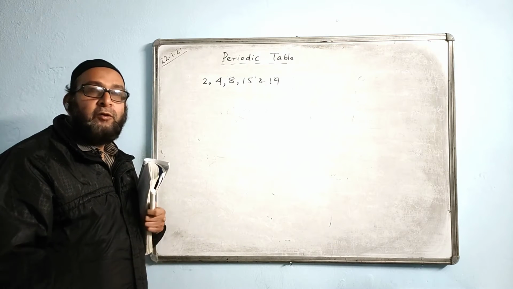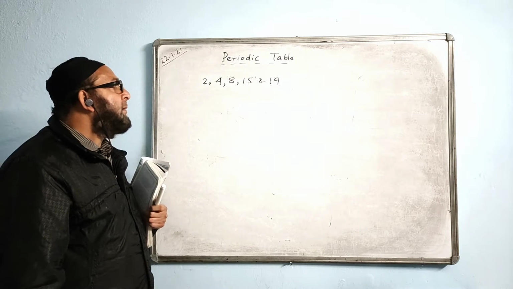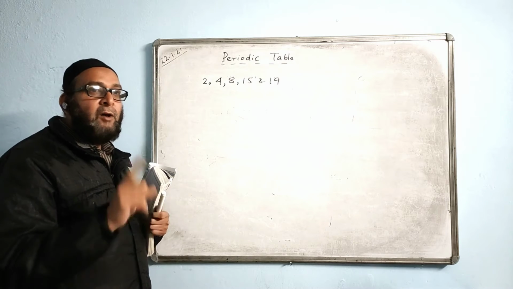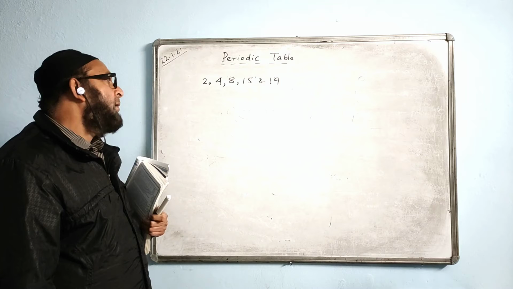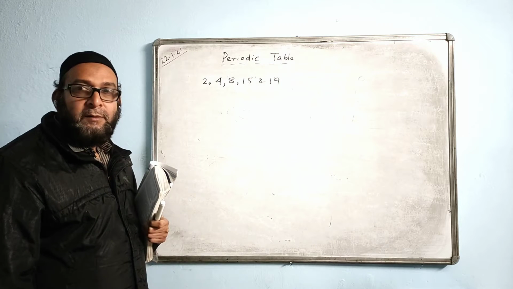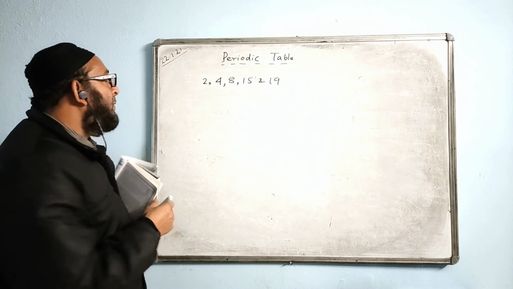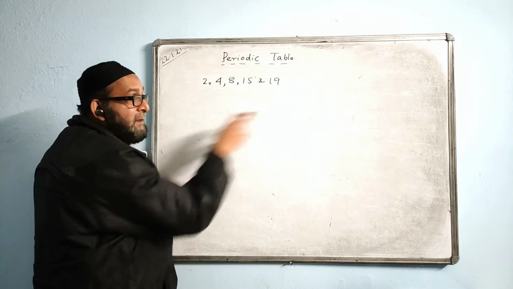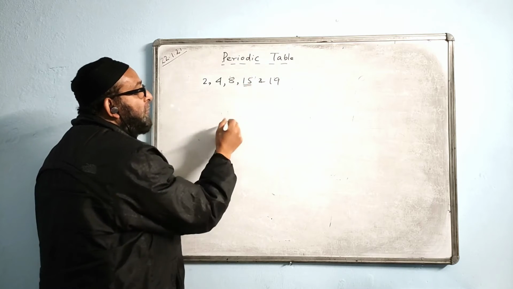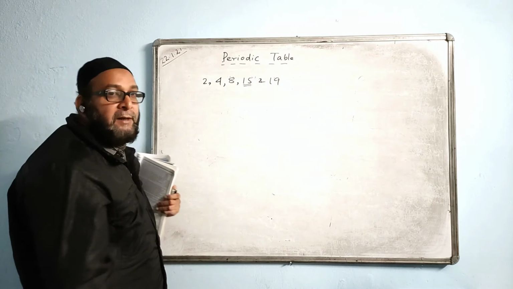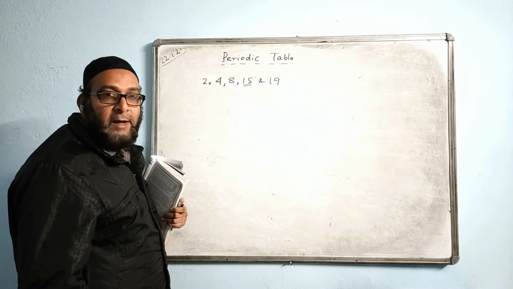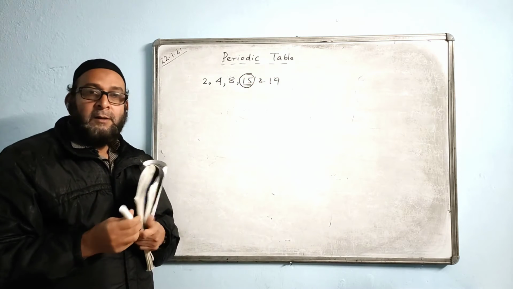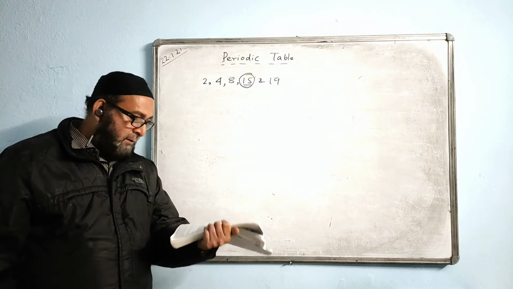Which solid non-metal will belong to period 3? Period 3 will definitely be after 10, because 10 is your period 2, so it will be 15 only, there is only one such. 19 is belonging to period 4, 2, 8, 8, 1. So in period 3 there is only one, so the answer is 15. So the answer for this question is the atomic number 15.